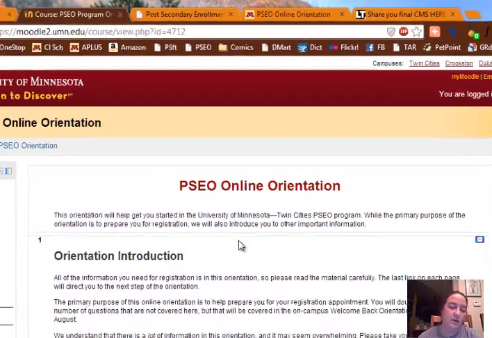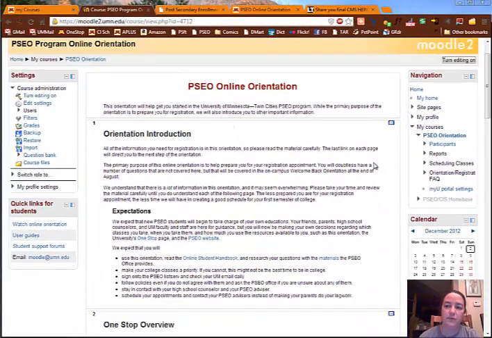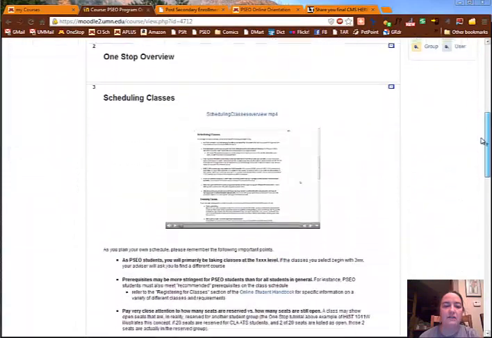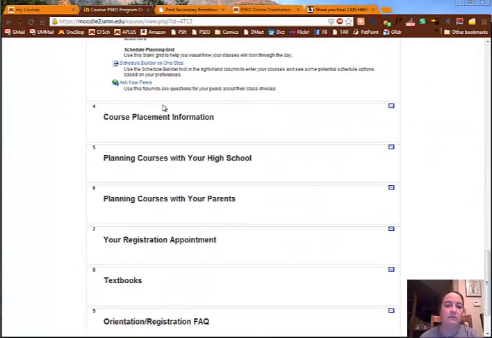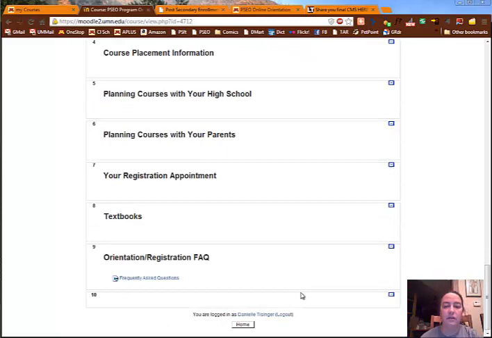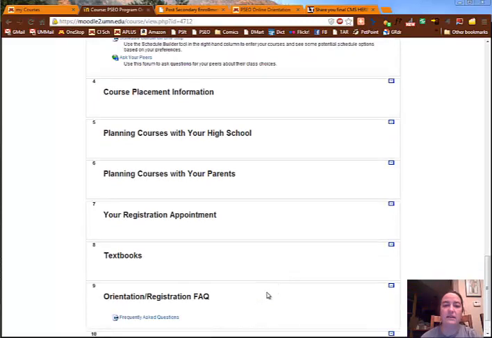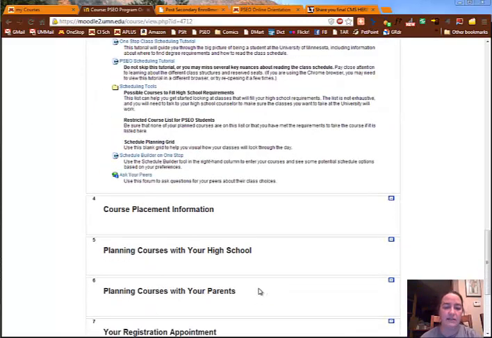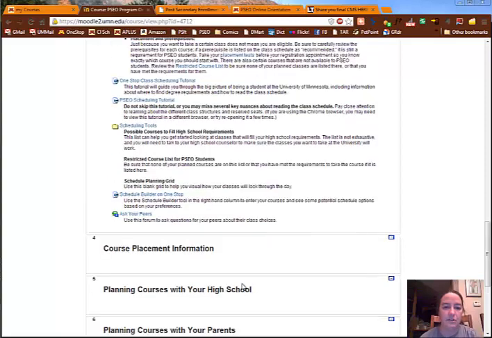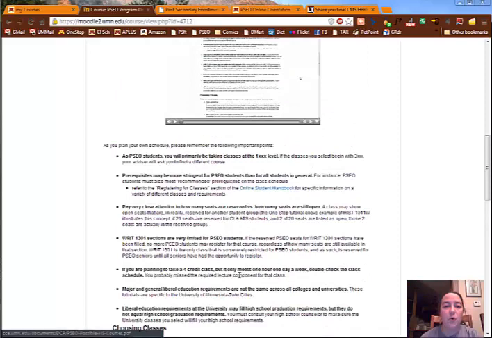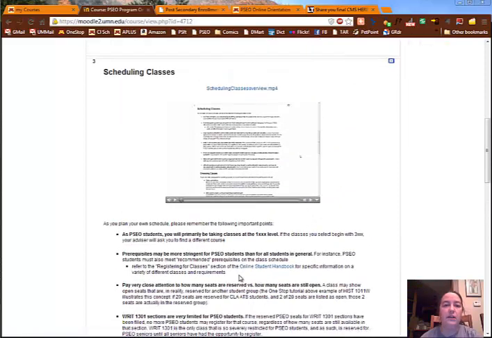The syllabus, or structure of the course as it were, is actually found in the different units that are part of the orientation. Right now it looks like I have about 9 that are there, although I'm saving room for more because I am always adding new things as it comes up, but this would be just the straightforward transfer from the original website. For this course, the module or section I wanted to highlight was the scheduling classes one.